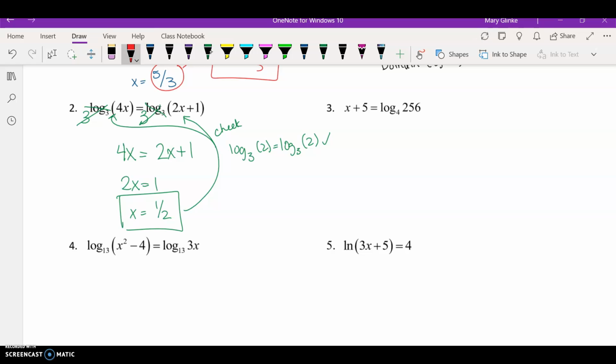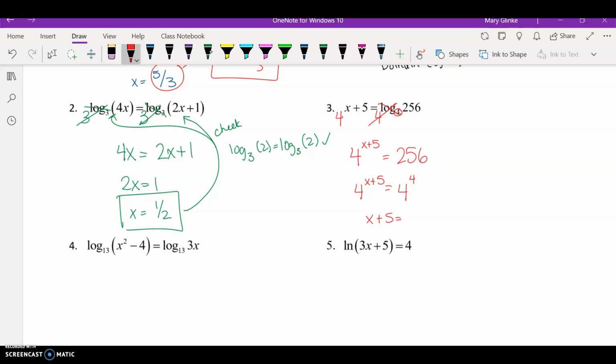So number 3, we have one log by itself. Even though it's on the right-hand side, that's fine. So I'm going to exponentiate both sides with a base of 4. Undoing the log base 4 on the right-hand side to just have 256. So we get 4 to the x plus 5 equals 256, which 256 breaks down to 4 to the 4th power.